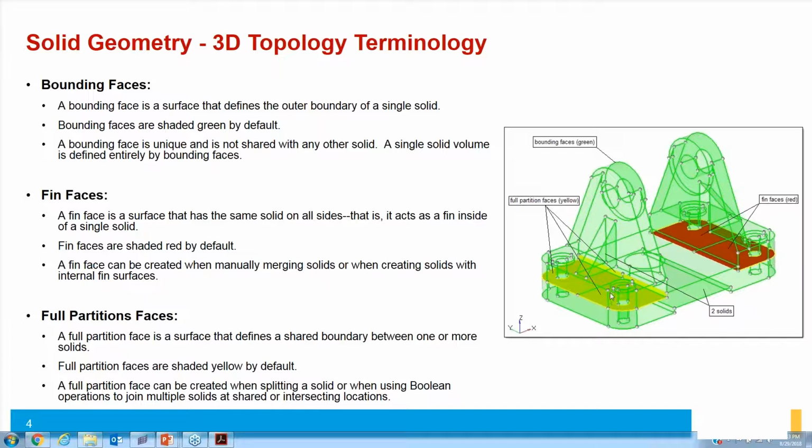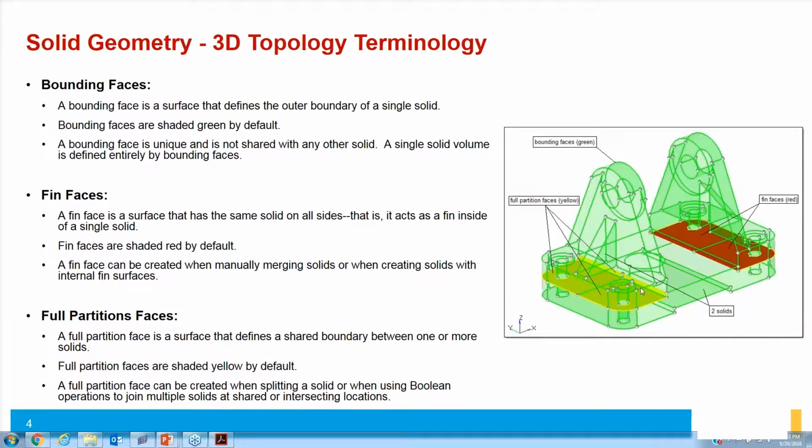The partition faces are faces where the geometry is split, but the software knows that they're connected. So when you generate a mesh for one, it'll make sure that the mesh for the other matches. These partition faces are going to be colored in yellow, and we've got to make sure that those are all together. Whenever you want to make sure that one geometry matches another, you always want to have these partition faces between the two.